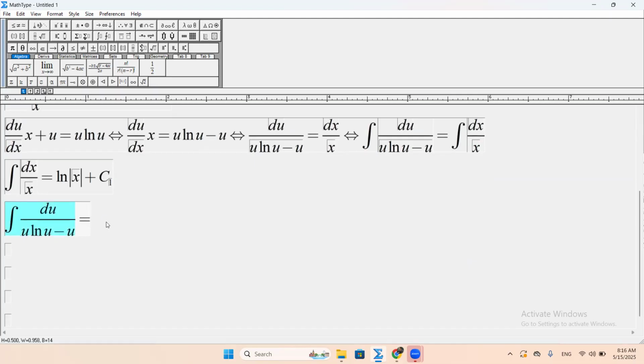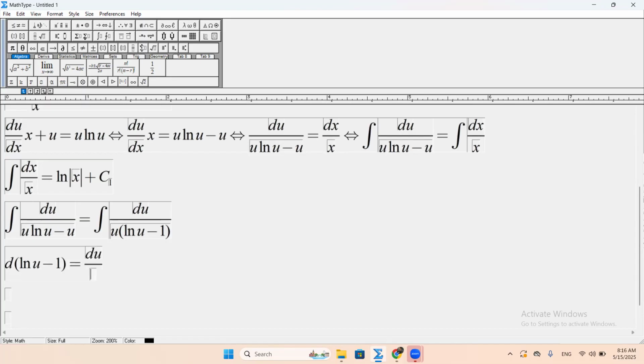First of all, we will modify, so transform, this expression. We will just factorize it. And now what we actually see: here we will use the differential technique. The differential of logarithm of u minus 1 equals du over u.